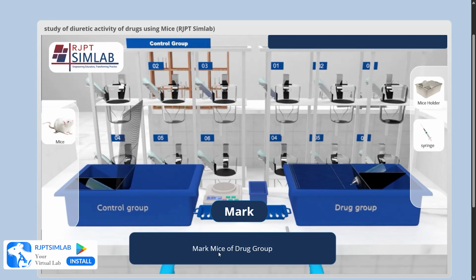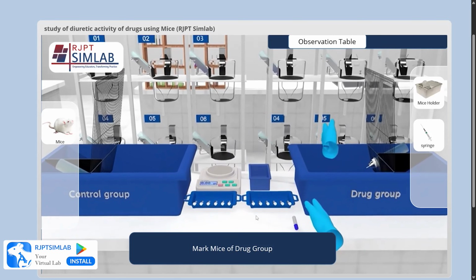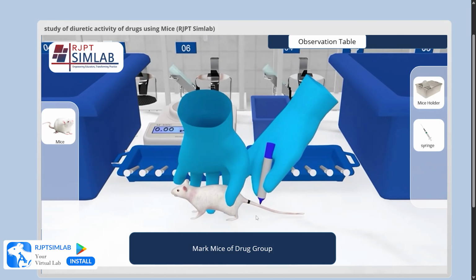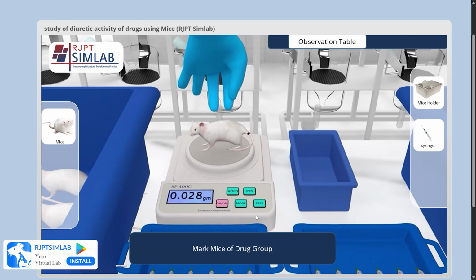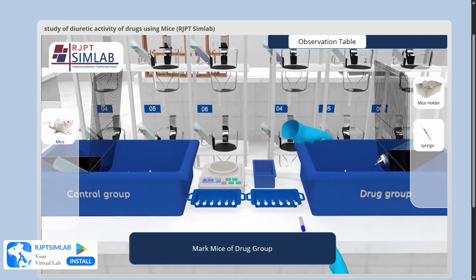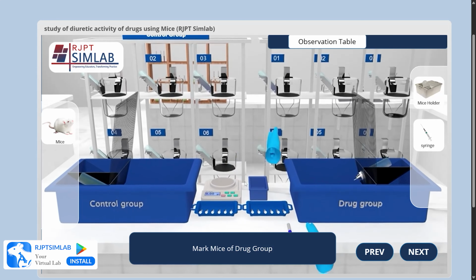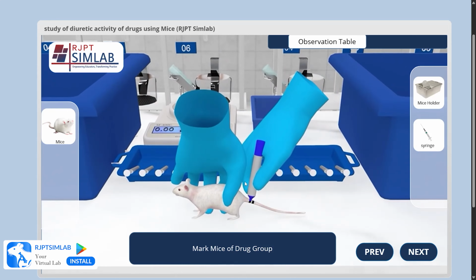So now we will mark the mice of the drug group. Similarly, like the control group, we will mark the mice of the drug group on the tail. One line says it is the first mice, we will weigh it. Then again, we will put it inside of the drug group. Then we will take out another mice of the drug group and we will mark its tail with 2 lines, which says that it is of the second number.